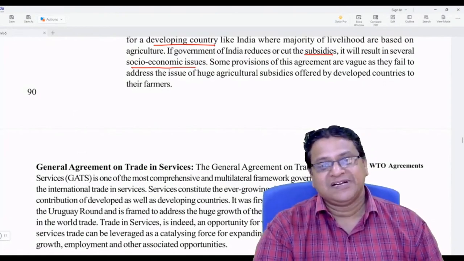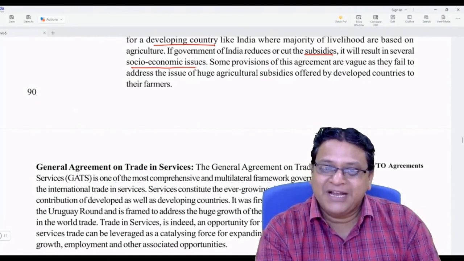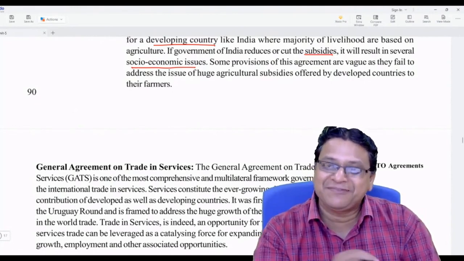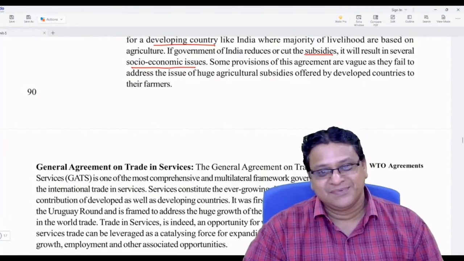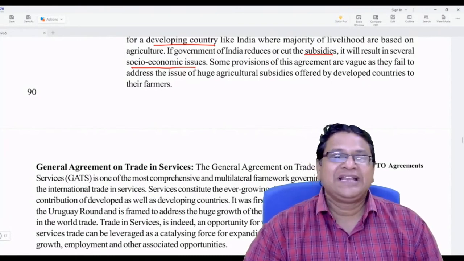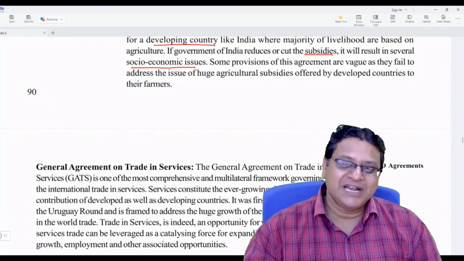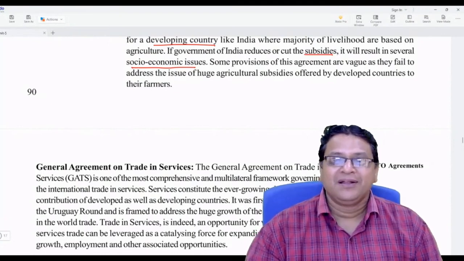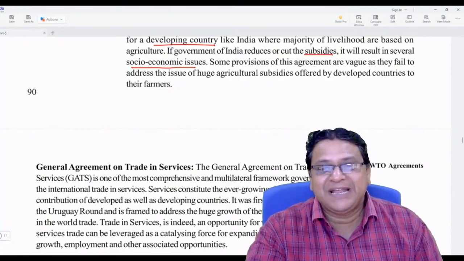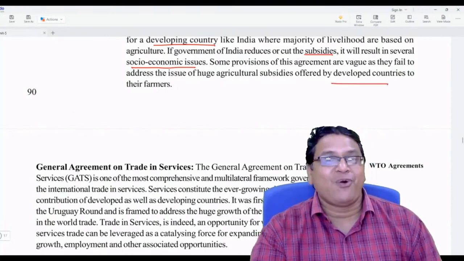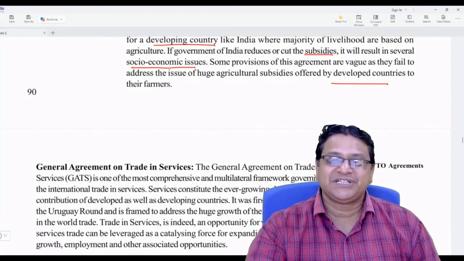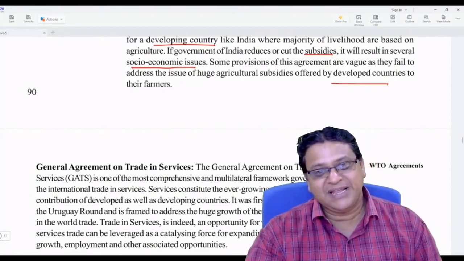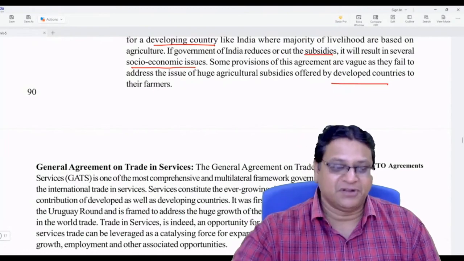Developed countries are also providing subsidies, but they have packed these subsidies in a different way. So the agreement on agriculture is generally liberal towards the subsidies provided by developed countries, but it is not liberal towards the subsidies provided by developing countries. So this is a dispute area in the agreement on agriculture.